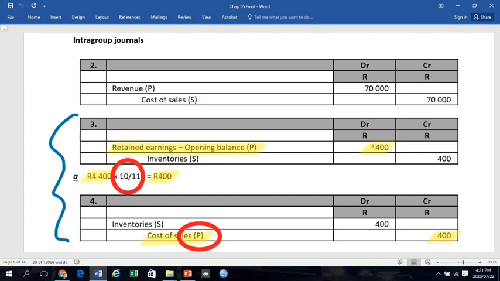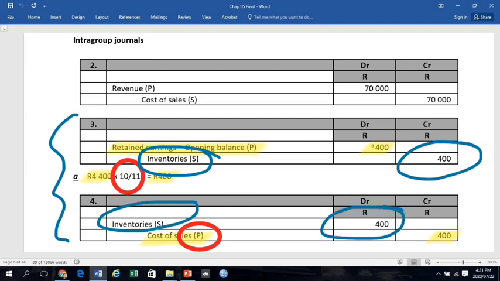You will note that the journal entry was split in two, so that you first also adjust the opening inventories like you did the closing inventories in 20X10, but you cannot leave that credit entry to inventories that's no longer in the group, that has been sold, so you need an immediate contra to inventories for the same amount so that it has no effect.